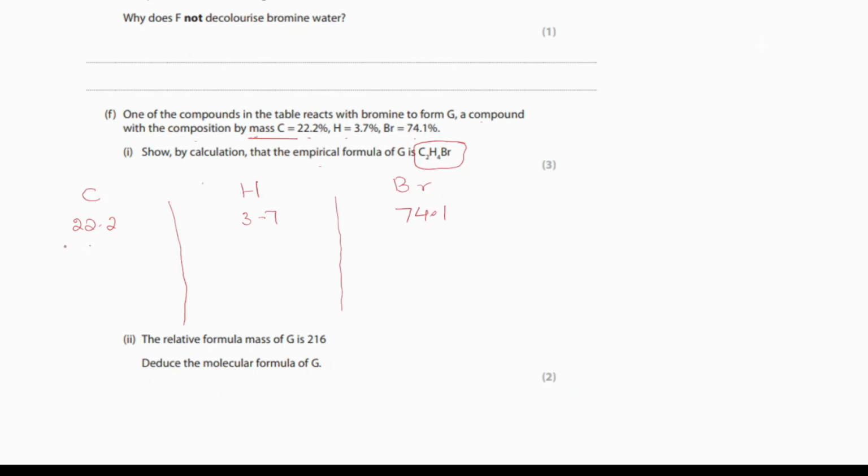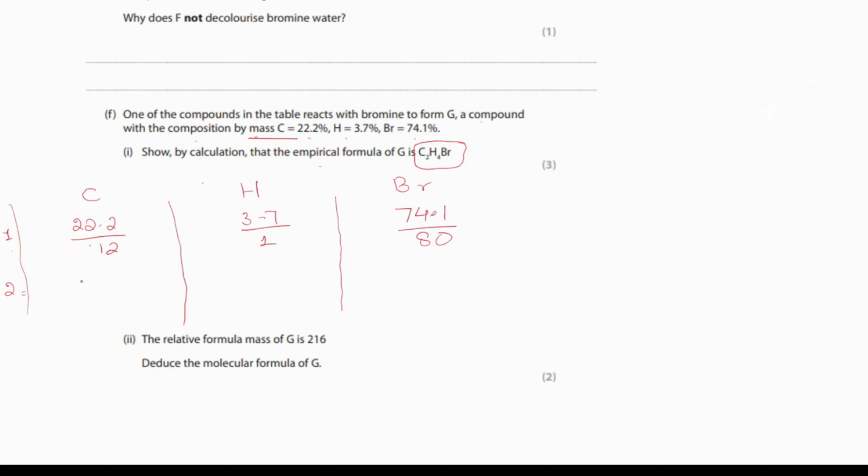Carbon is 12, hydrogen is 1, and bromine is, do you have a periodic table with you? It's in group number 7. 80. So what is the number of moles?